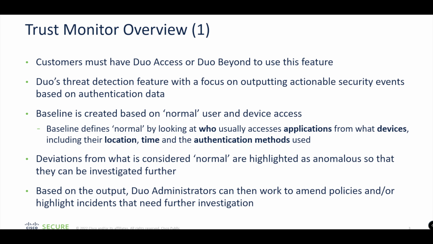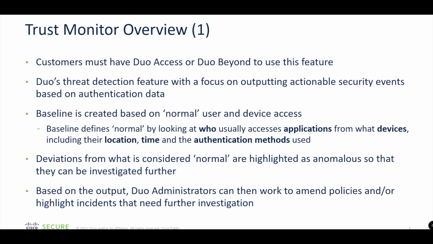It also looks at the different authentications used to access that application, so whether it be a push notification or whether they're using WebAuthn, it takes a look at that authentication method as well.